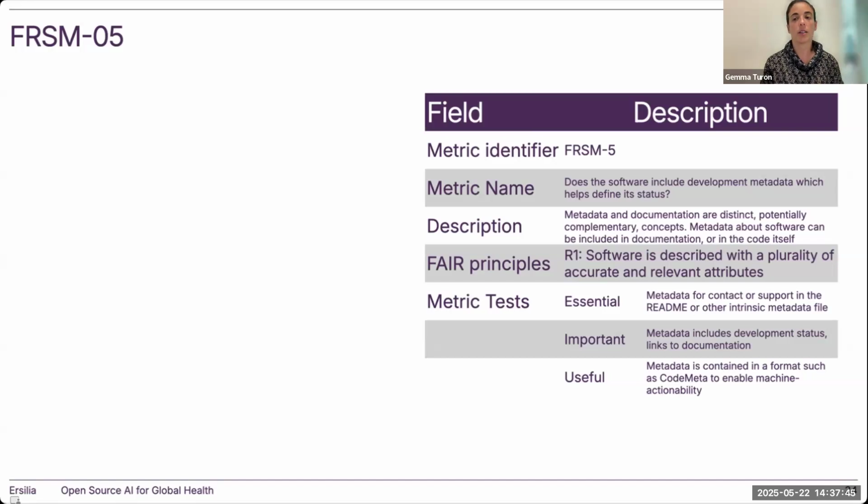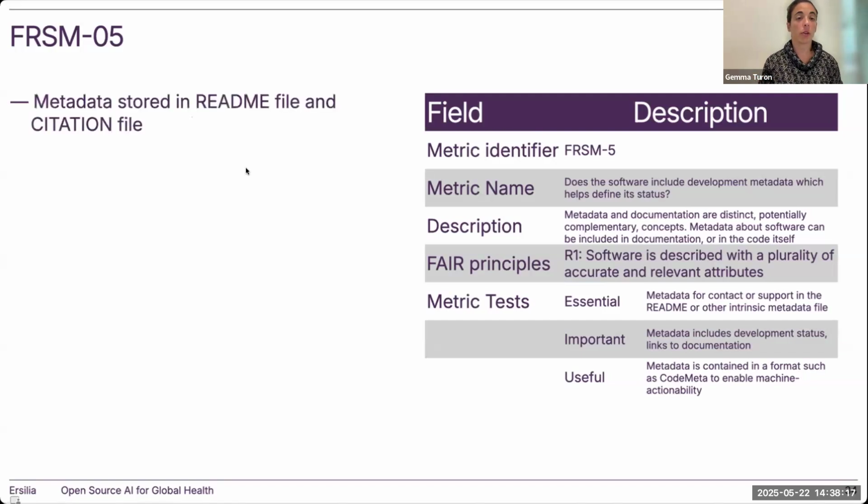It's all the data that is necessary to understand basic information about the software, such as the version it is using, the dependencies it has, the authors of the software, etc. So this metric is basically that you have metadata in your README or somewhere else. It includes something like development status, it includes links to the documentation, and it's of course readable by a machine.